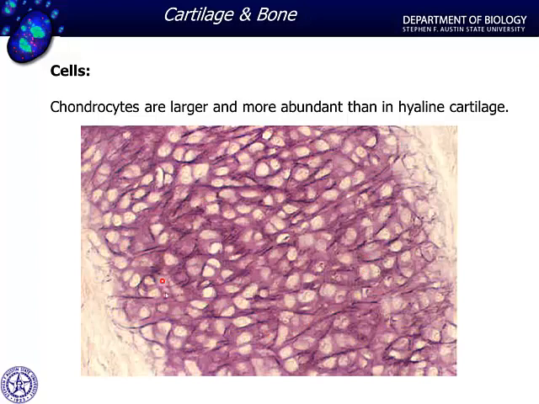There's just an abundance. And these are much more compacted together, much more randomly distributed. And again, with stains for elastin, you can very easily see these fibrous components running through the matrix of elastic cartilage. You don't see these fibrous components typically when you're looking at hyaline cartilage.